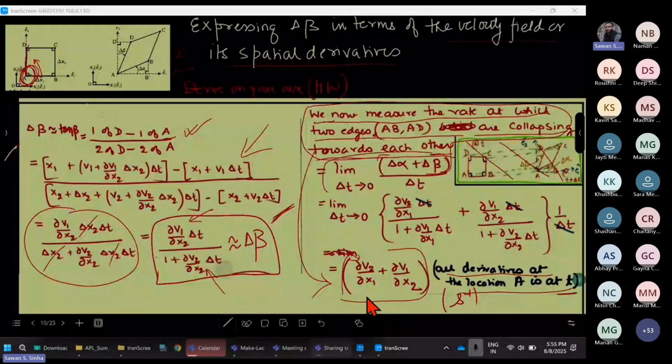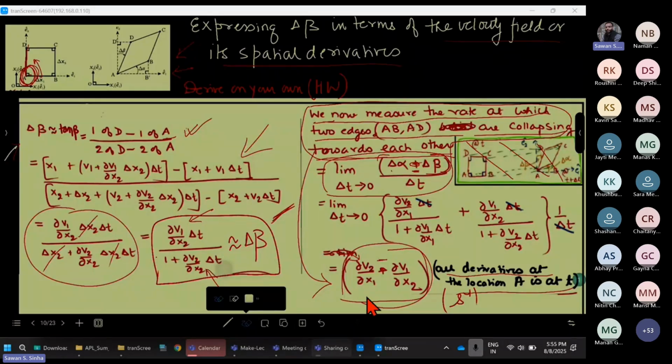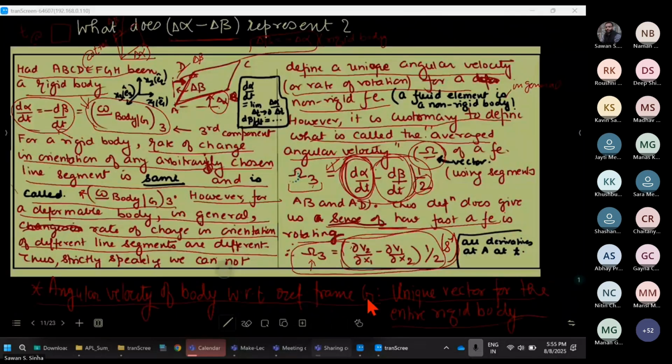Here I found the limiting value of delta alpha plus delta beta by delta t. I got this. Instead of delta alpha plus delta beta, you put minus sign and rework on this expression. What will you get? Instead of this plus, you will get minus. That's what we are getting on the next slide. So the third component of the average angular velocity is this.